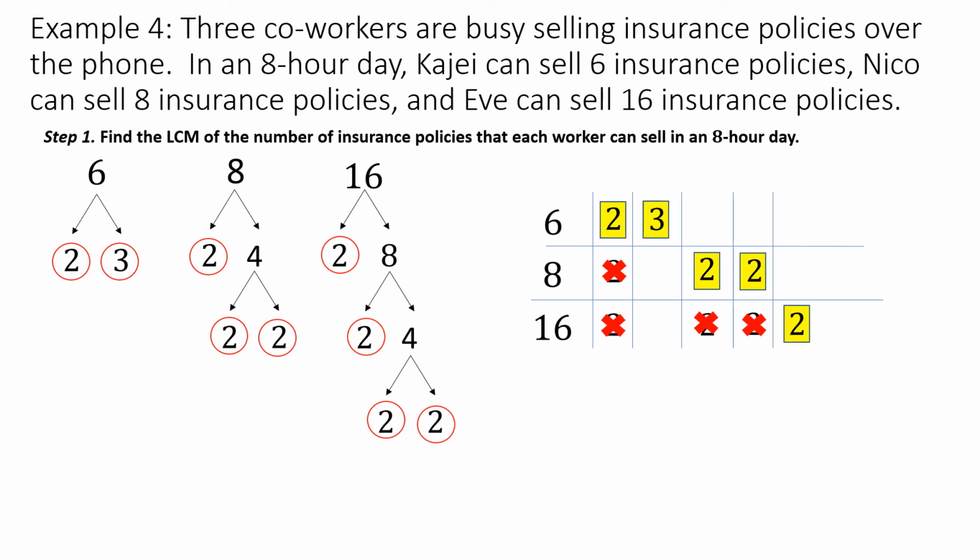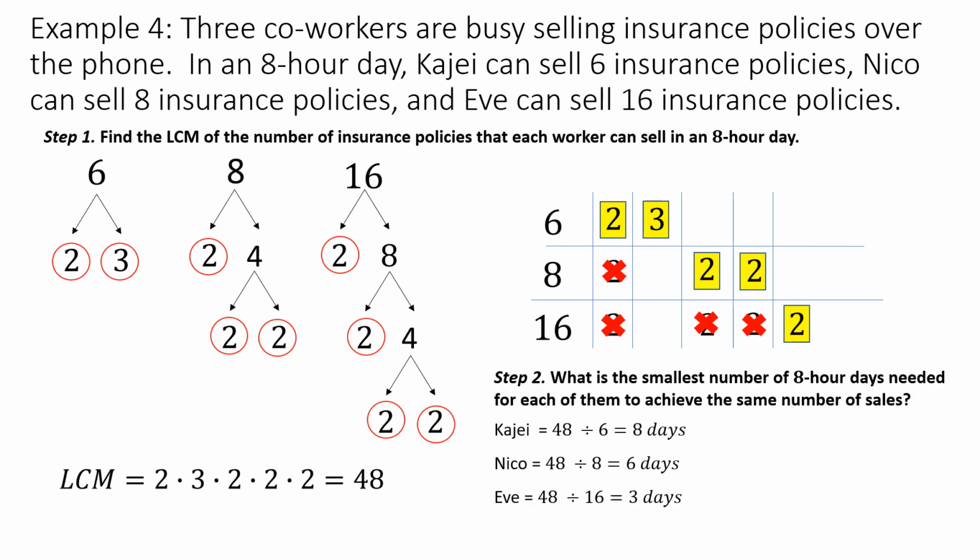And then the remaining numbers, which I've highlighted in yellow, those prime numbers are going to be giving us our LCM. So to find the LCM, I'm going to multiply the remaining prime numbers together. And so the LCM for 6, 8, and 16 is going to be 48.